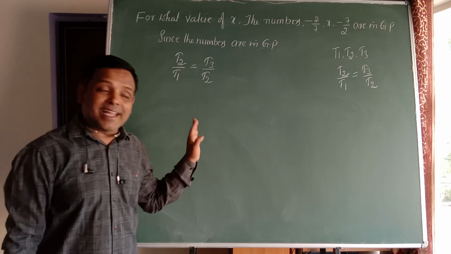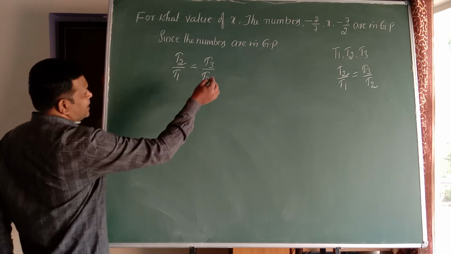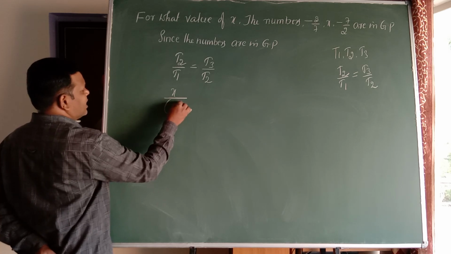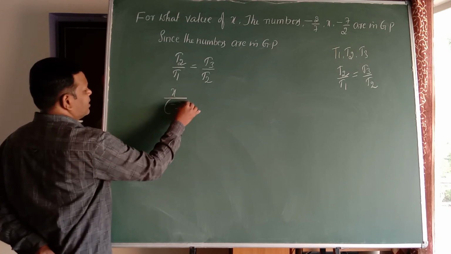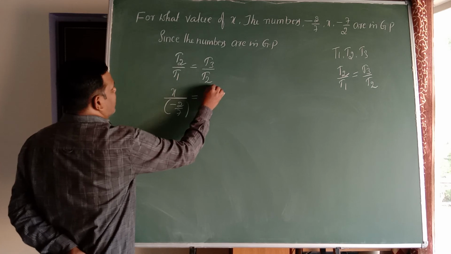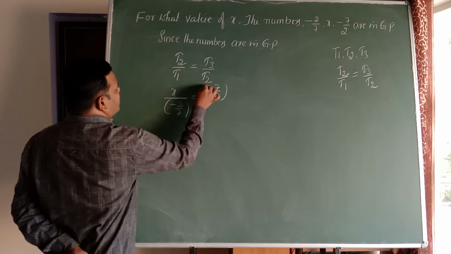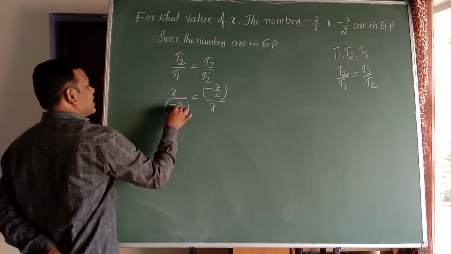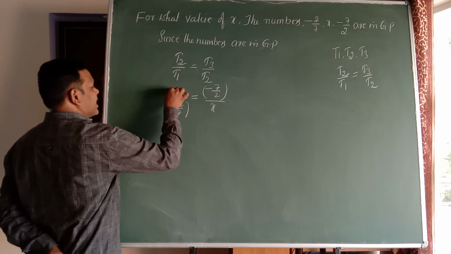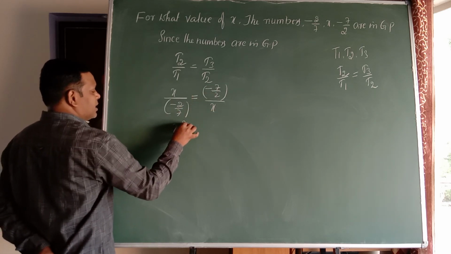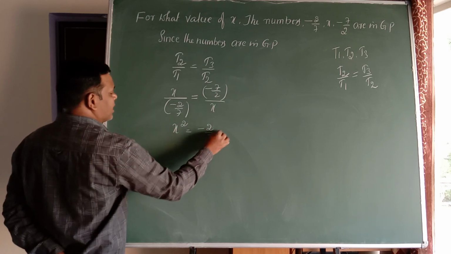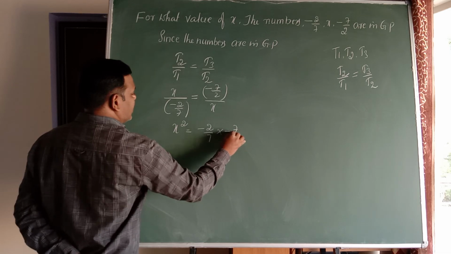Therefore, T2 is x, divided by T1, which is minus 2 by 7, is equal to T3, minus 7 by 2, divided by T2, that is x. Cross multiply. x into x is x square, that is equal to minus 2 by 7 into minus 7 by 2.